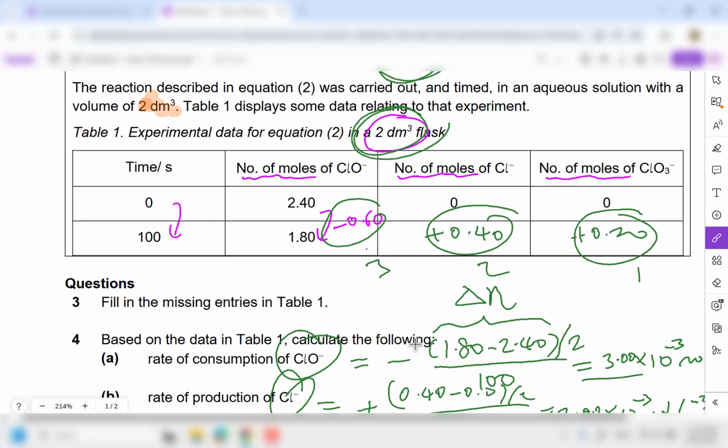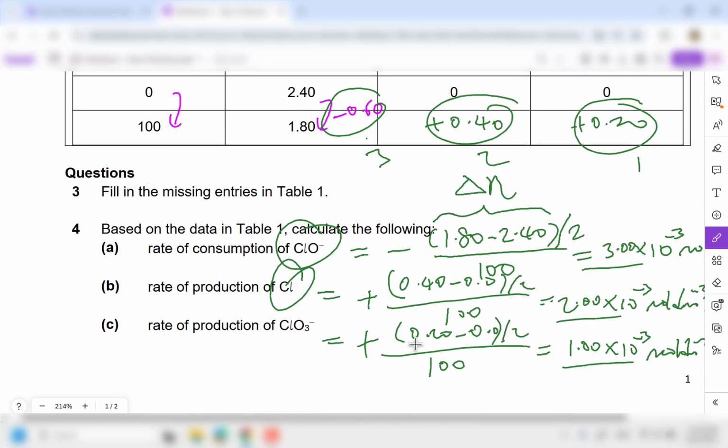Here we are really looking at an average, because we are not measuring the amounts of the reactant or the product at every time frame. We are just having 2 time frames, 0 and 100. For table 1, in question 4, we are really looking at the average consumption and the average production of the reactant and product respectively.